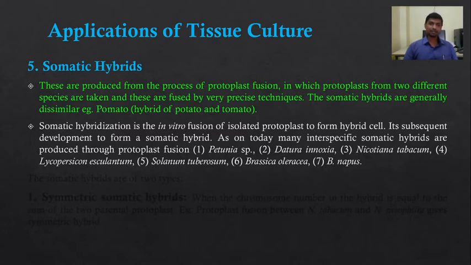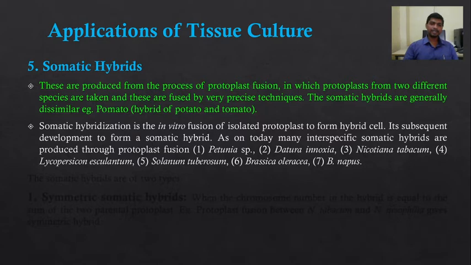These are the plant species where interspecific somatic hybrids are produced through protoplast fusion using plant tissue culture technique, and the hybrid cell, called a somatic hybrid, is used for the subsequent development of a complete plant.